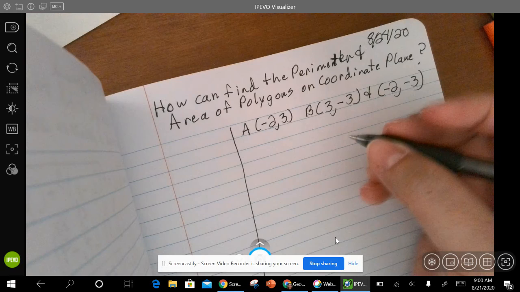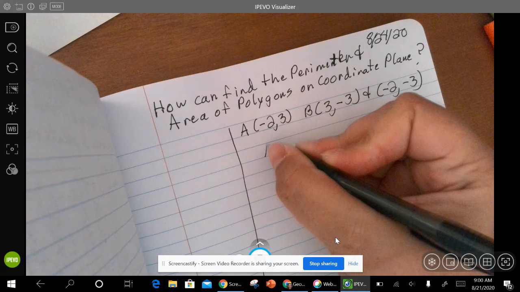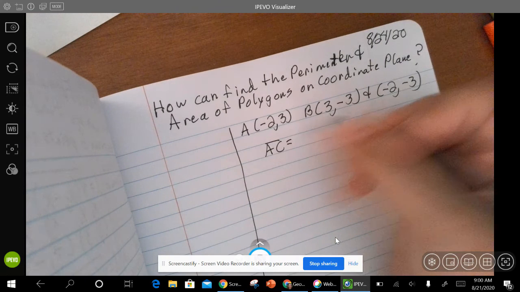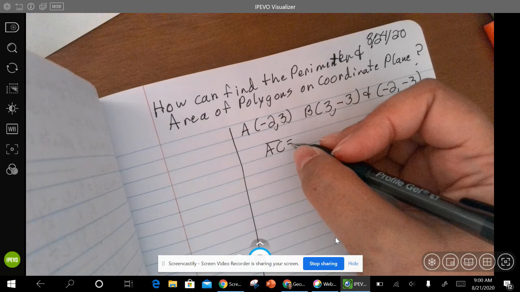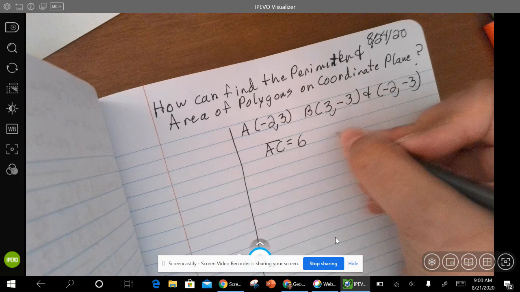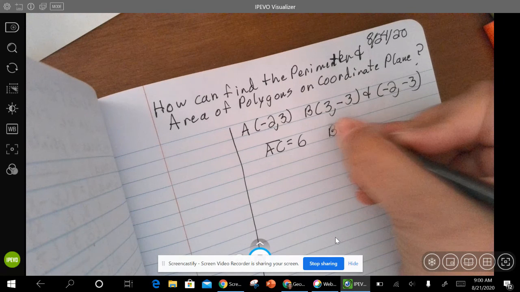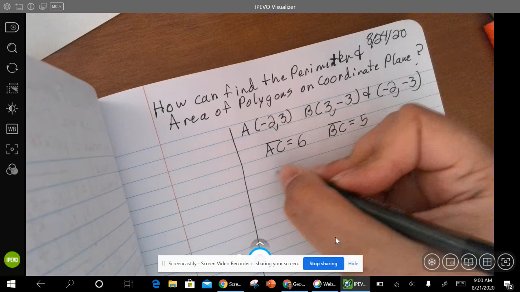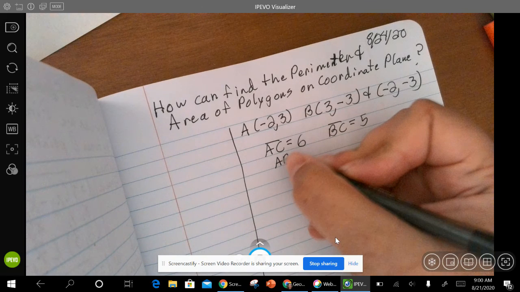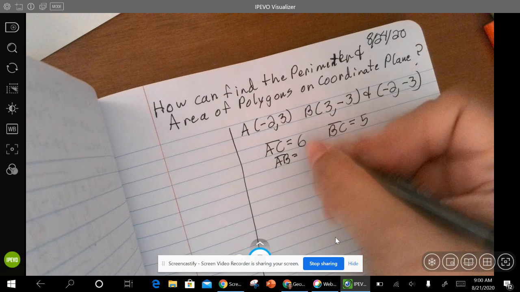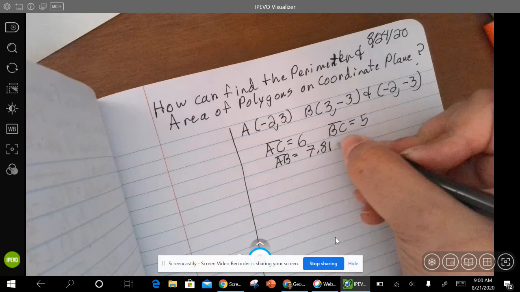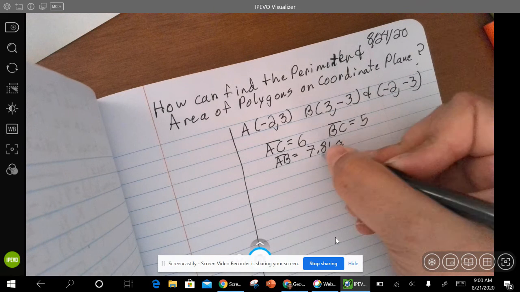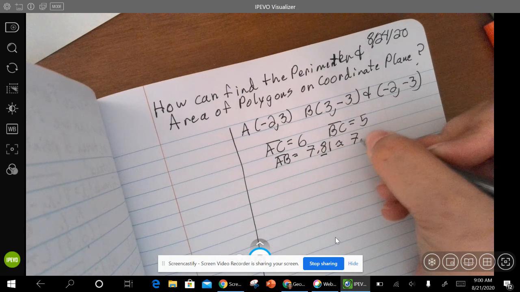Okay, so we now have A to C was 6, B to C was 5, and then A to B, they gave us was 7.81. We're going to round to the tenths place, everybody. Remember 5 and up, round it up, to 7 and 8/10.